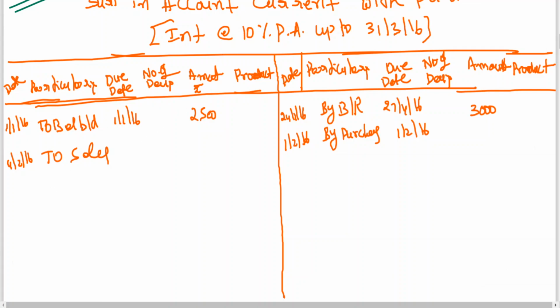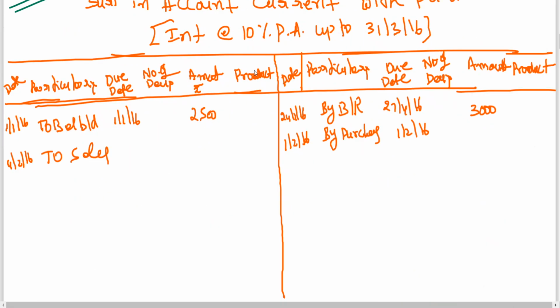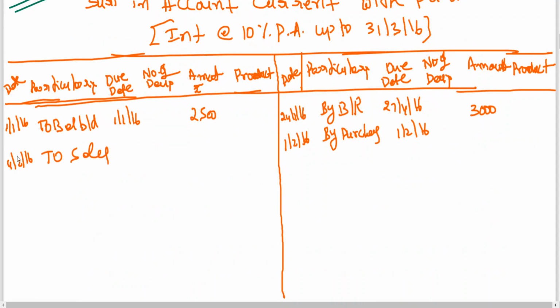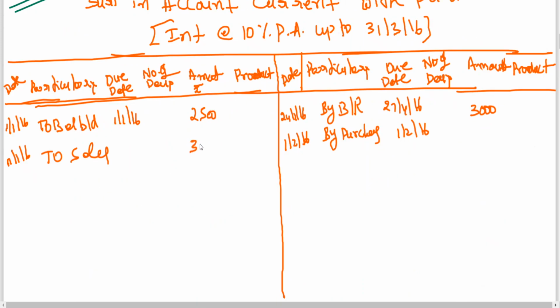Written like transaction went directly for this one transaction. Suri to sales. This means what is the date? Transaction date, sorry, January 11. $3,000. And if it is not given, transaction date will become due date.